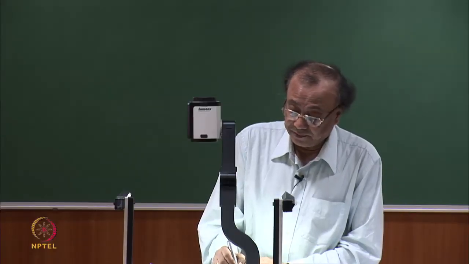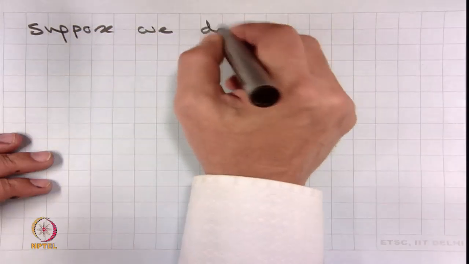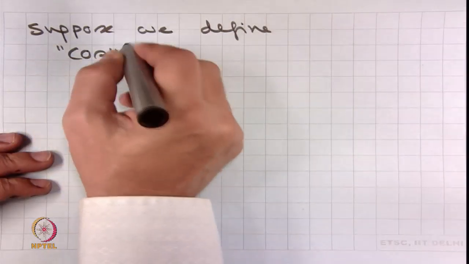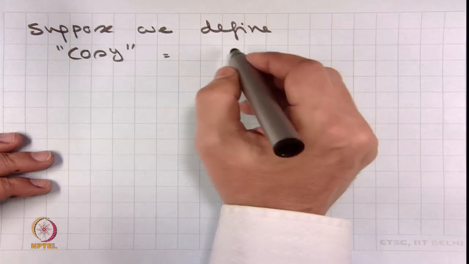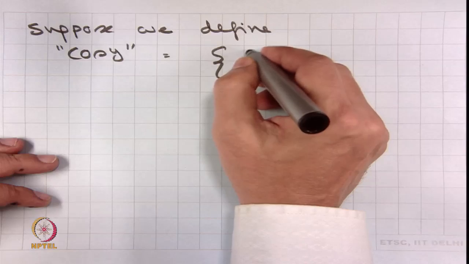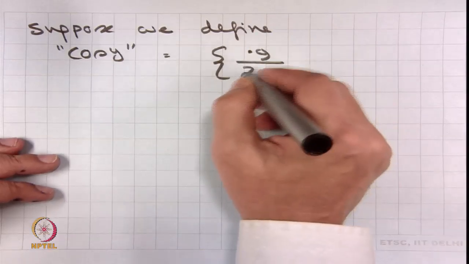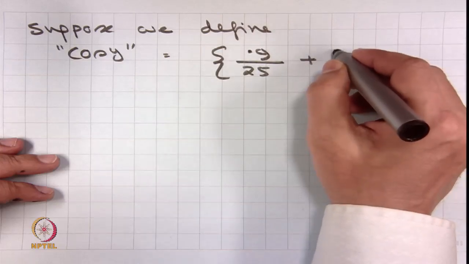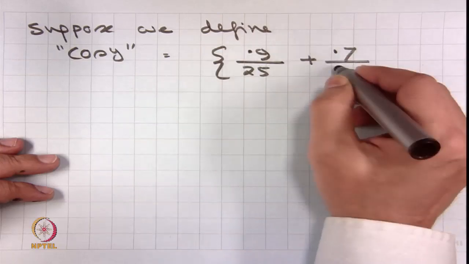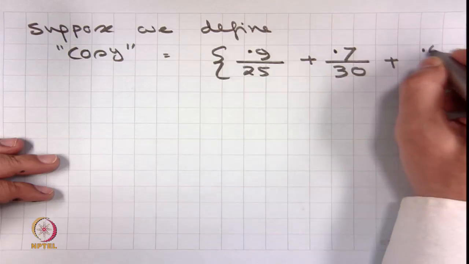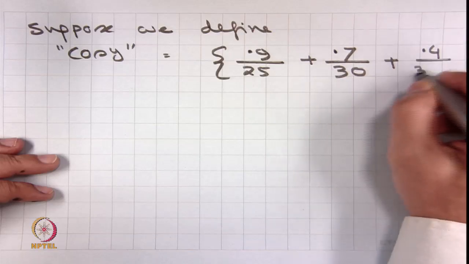Suppose we define cozy as the set 0.9 upon 25 plus 0.7 upon 30 plus 0.4 upon 35.